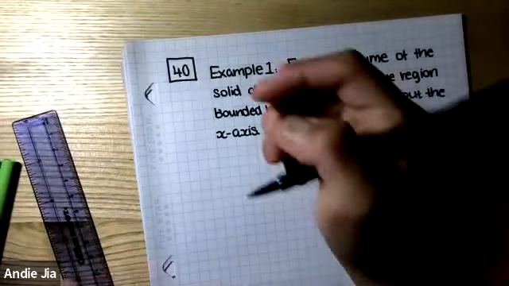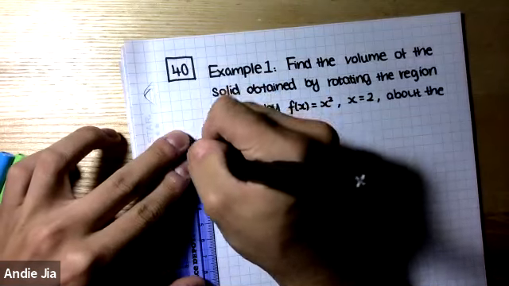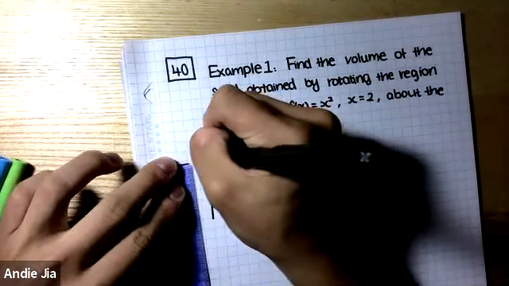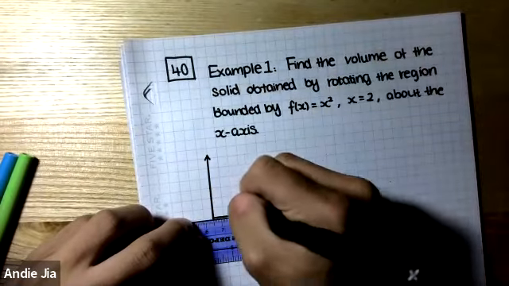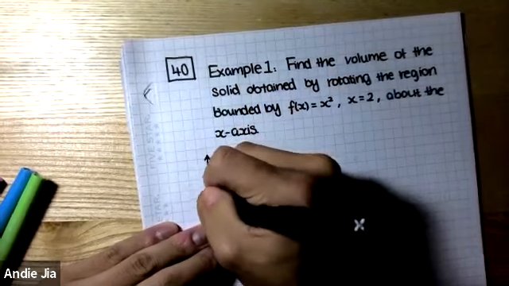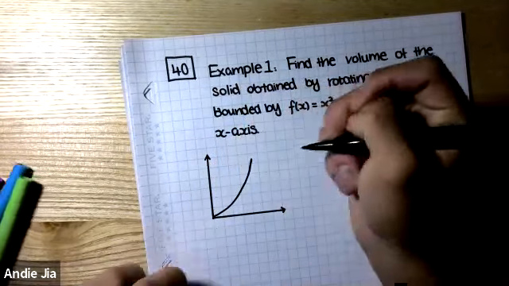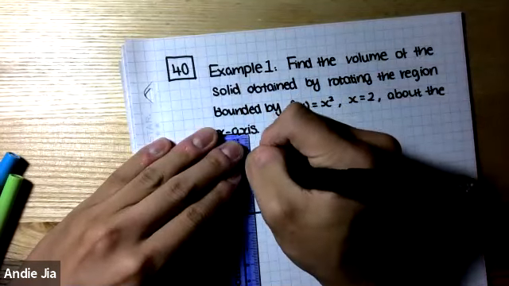We do a visual here. Here's x squared, and here's the vertical line x equals 2.